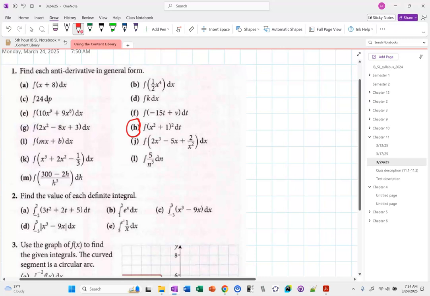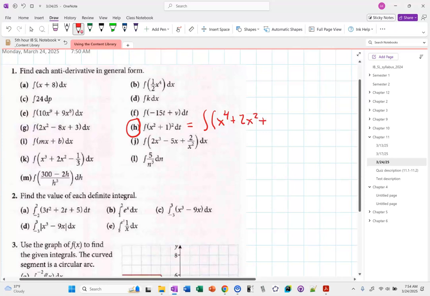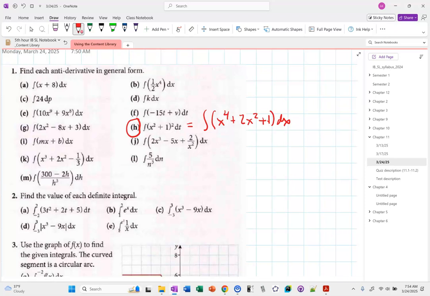Are we sure what to do for H? Say it loud, Geraldine, so everybody can hear. So Geraldine says that you need to FOIL that out first, and then we can just use our general antiderivative rules afterwards. Everybody's cool there?